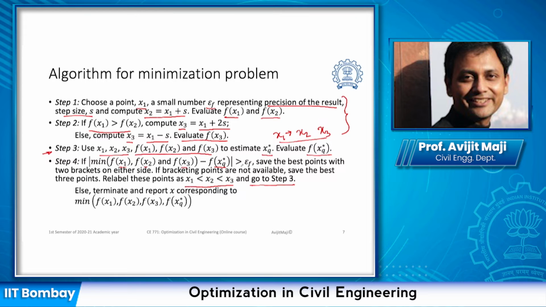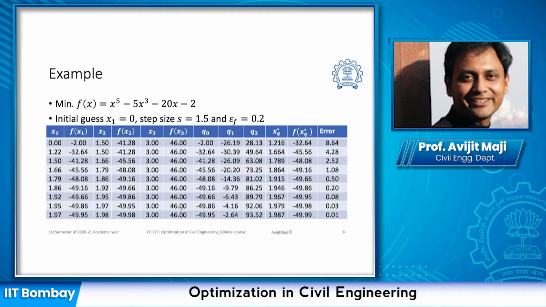Once we get to that point, we need to terminate the process and report the x corresponding to the minimum function value between the 3 and the final point, which is a total of 4 points, for our answer.